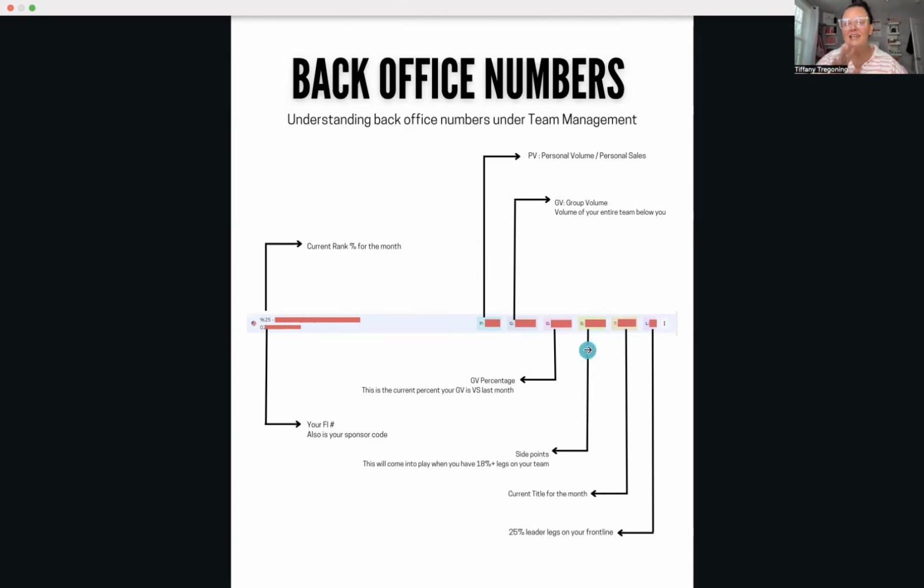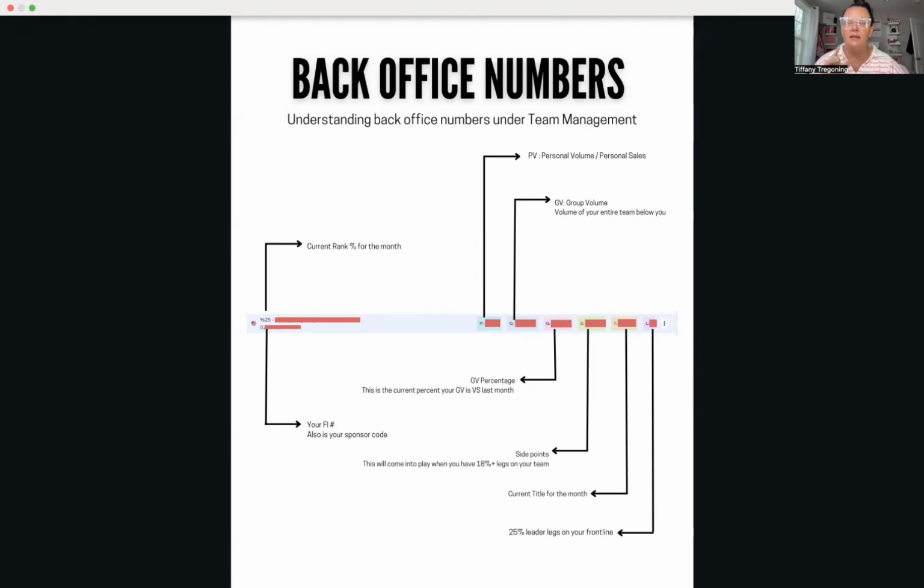The next thing is going to be side points. And we're not even talking about how to get side points. We'll talk about that a little bit later, but that is what that green box is going to be for side points. The T is going to be for your title. That is the current title in the month. So as you go through ranks 3% all the way up to 22, it's going to say pharmacy influencer. Once you hit that 25% rank, it'll show director and of course everything above bronze, golden, and above.